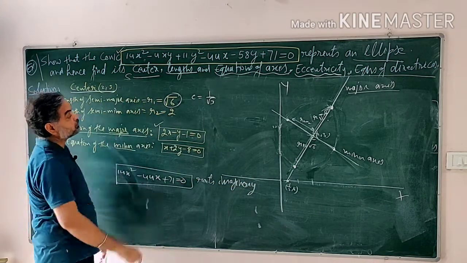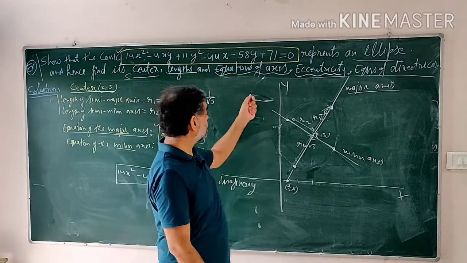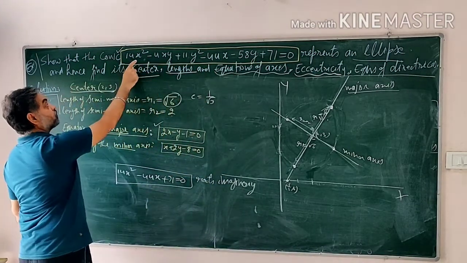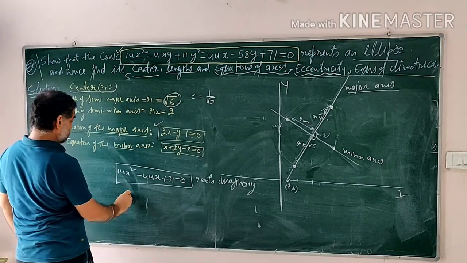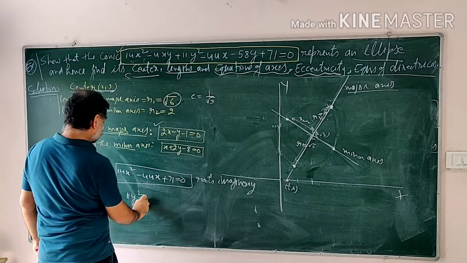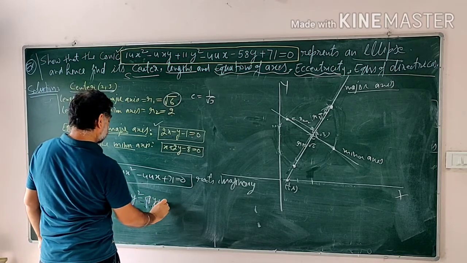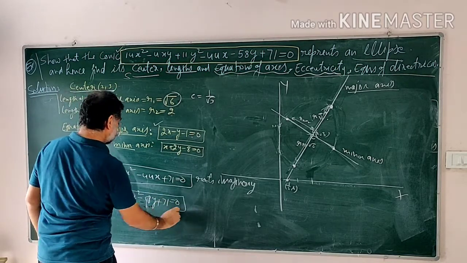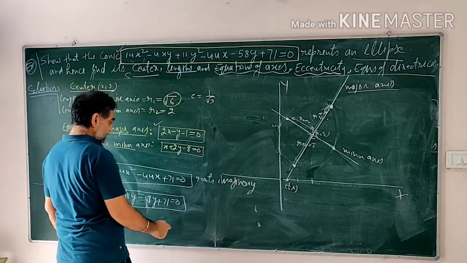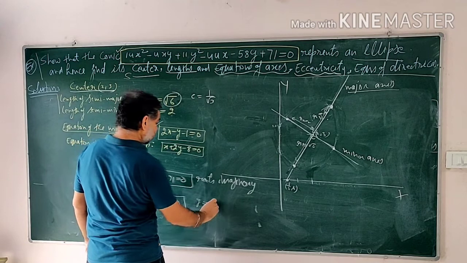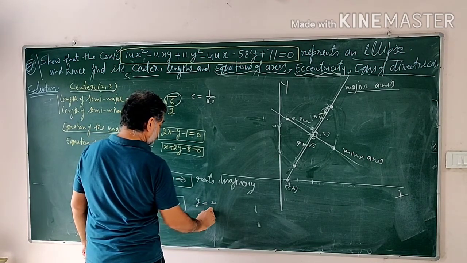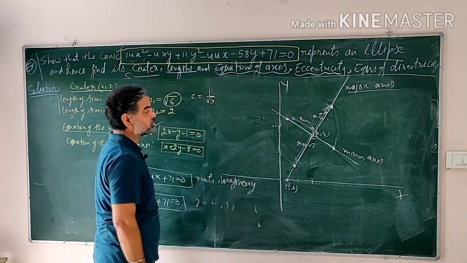Now to find the points where this ellipse cuts the y-axis, put x equal to 0. If you put x equal to 0 here, you get 11y square minus 58y plus 71 equal to 0. If you solve this equation, the roots would be approximately 2 and around 3.3.